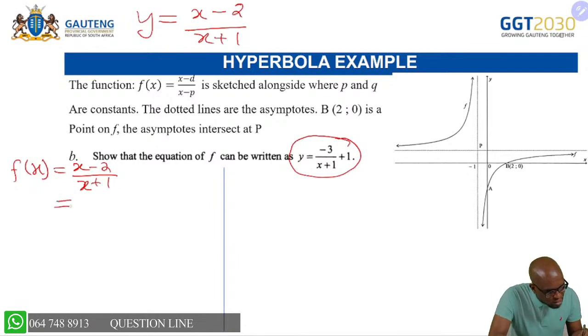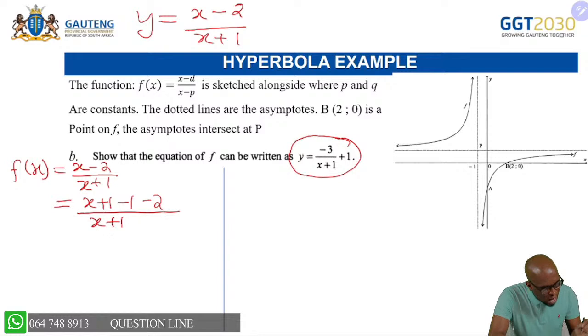What I can basically do is, on the numerator, add 1 and subtract 1. If you add 1 and subtract 1 on the numerator, you get 0. 1 minus 1 is 0. So it's the same as x minus 2.